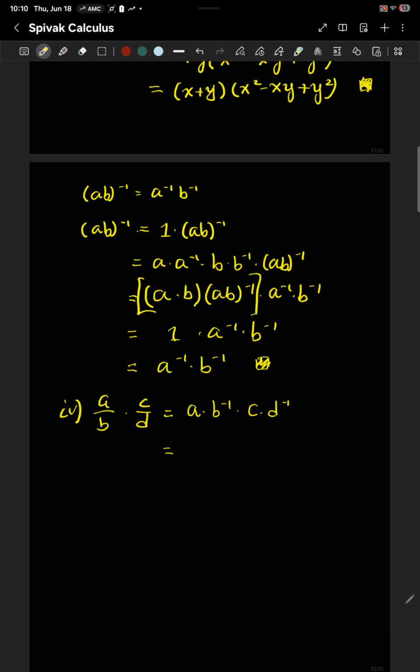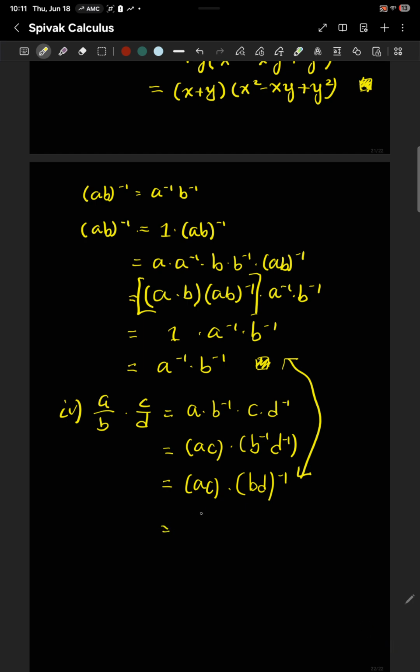If we shuffle this a little bit by associativity and commutativity, B inverse times D inverse, this is equal to AC times (BD) inverse, by the things we just proved. So these are related, and we can use this fact to prove that A over B times C over D is equal to AC over BD. QED.